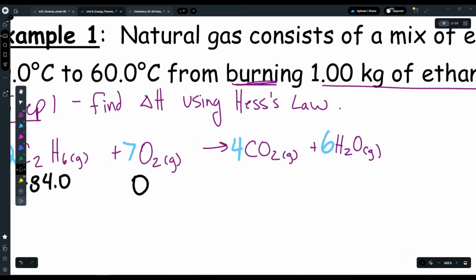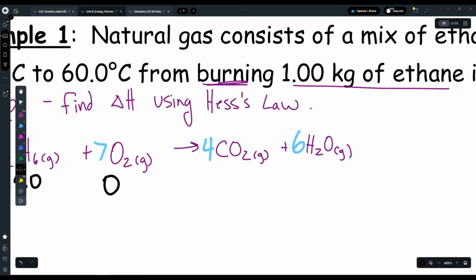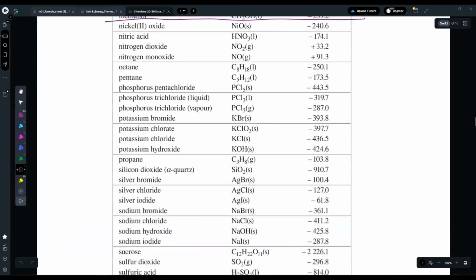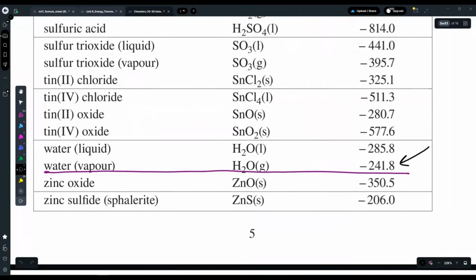Elemental oxygen is 0. Carbon dioxide, negative 393.5. Water vapor, so remember that you're looking up water as a gas. So this one that I have underlined right here, negative 241.8.